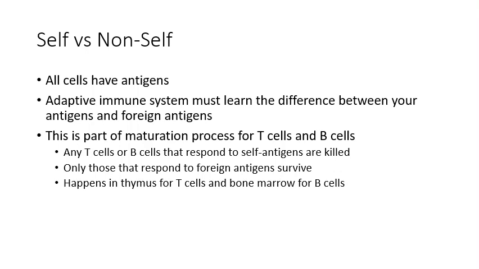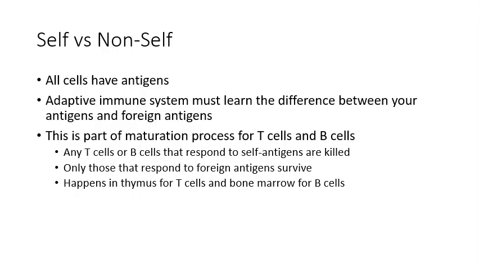Some of those antigens inevitably are actually found on the surface of your own cells. So any adaptive immune system cell has to go through a process of maturation. And during that process, the most important thing that happens is that any cells that are responding to antigens that are part of your own body are identified and killed.